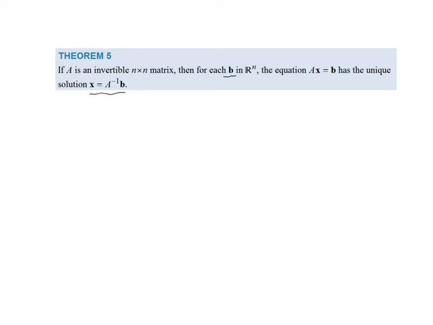And we'll write a short proof of this theorem, again, to get you exposed to the theory and see how proofs in math work. We're going to start our proof out by saying take any vector B in Rn.